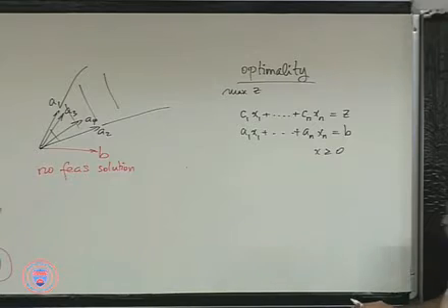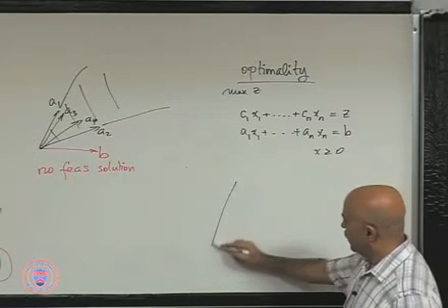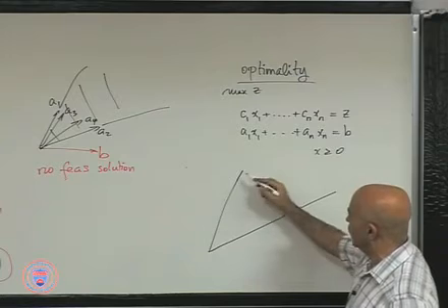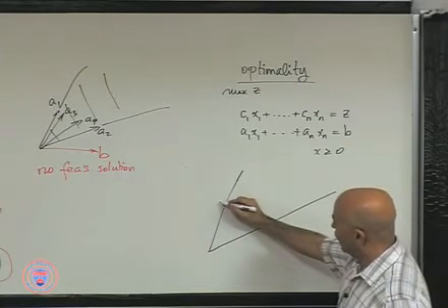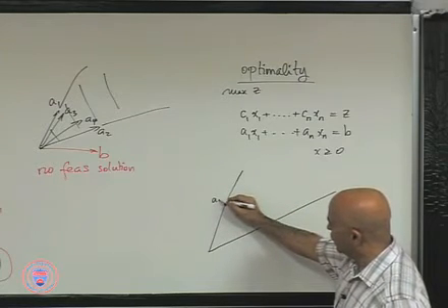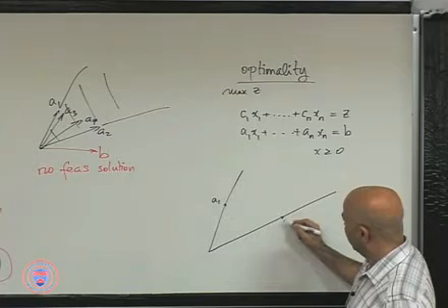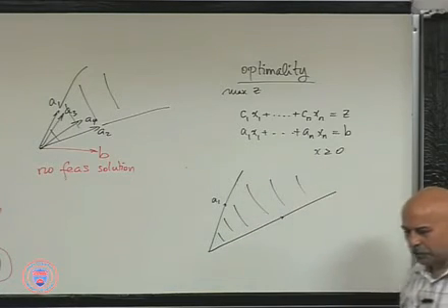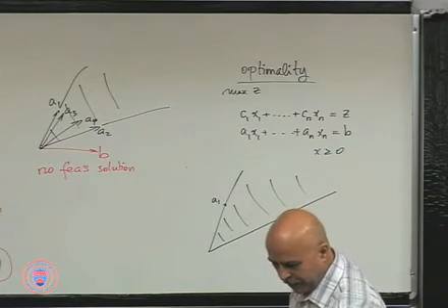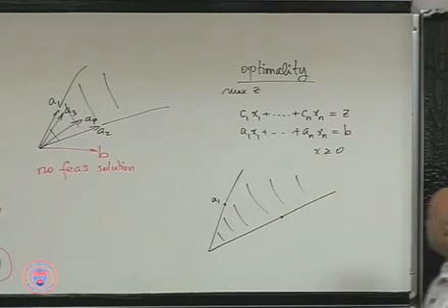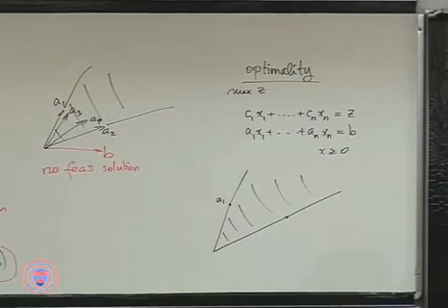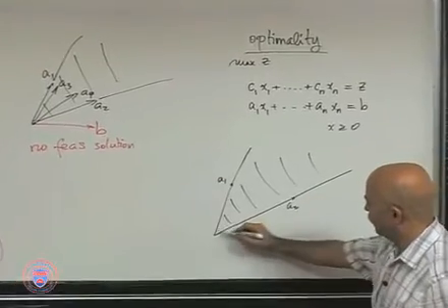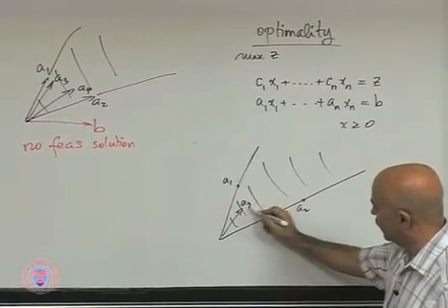So, in this case, suppose my convex cone generated by the columns A1 through AN are, it's this cone, whatever. Let's just take this to be the cone. As in the previous example.